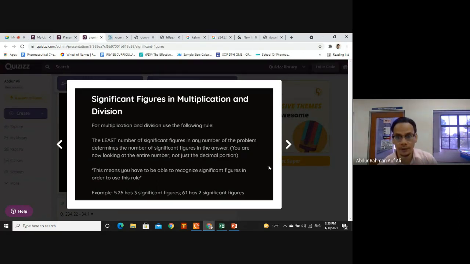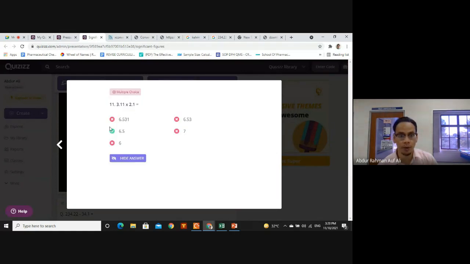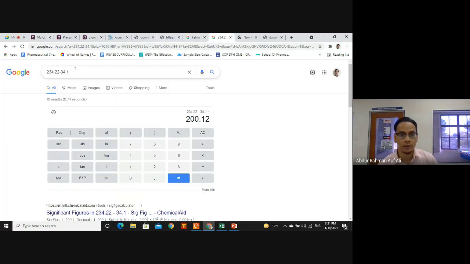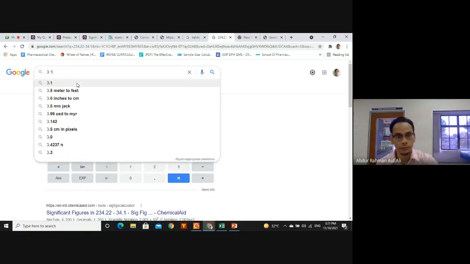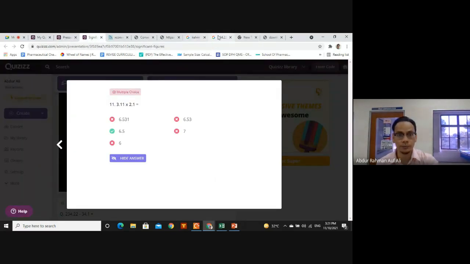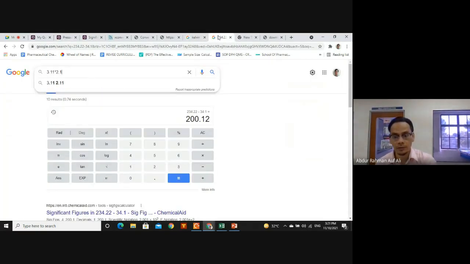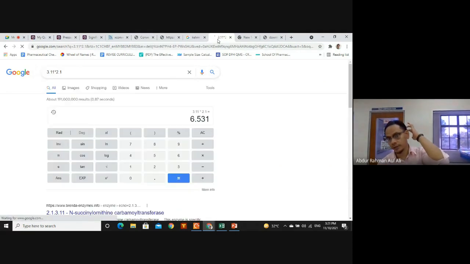So for example, kalau kamu ada come across a problem like this, 3.11 darab dengan 2.1. So 3.11 multiply with how much tadi? 2.1. So your final answer ini yang kamu akan dapat 6.531.